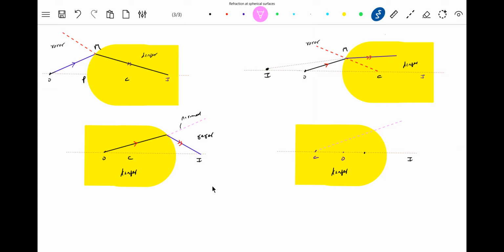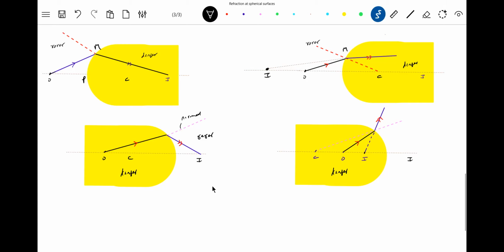Now the ray is moving from rarer to denser to rarer, so it should bend away from the normal. It can happen like this. So this is the incident ray, and this is the refracted ray. Look at now where the object is in the denser medium and the image is in the same denser medium.